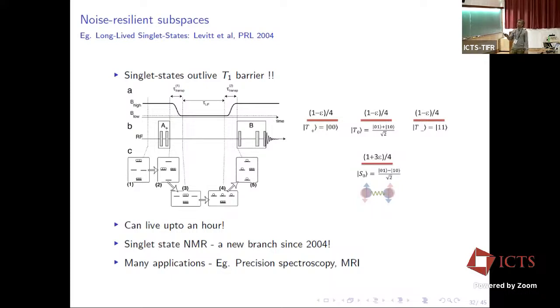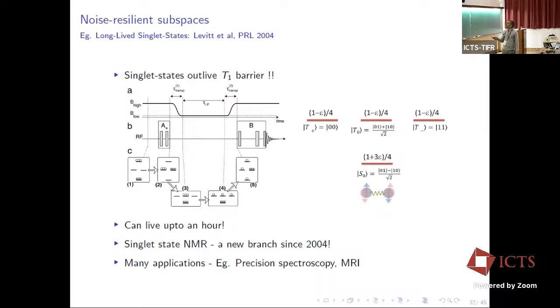But in 2004, Malcolm Levitt came up with the idea of using noise resilient subspaces, or something called long-lived singlet states. These are the eigenstates of the symmetric Hamiltonian minus I1.I2. If you populate the singlet state, then it gets trapped.